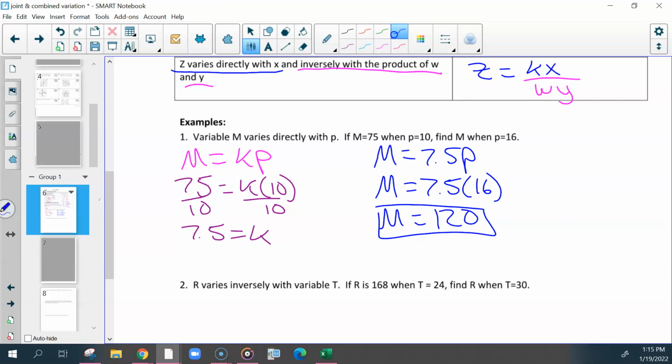Now, in this case, would the method of setting it up like a proportion still have worked? Yes.